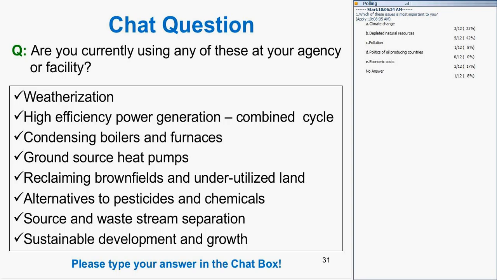I don't see anyone participating at the moment, but I'll wait a couple more minutes to see if anybody wants to respond to this chat. Could be that you don't feel that any of these are being used at the moment. Okay, Angela, thank you. Alternatives. Great. So, Tom, we have some answers coming in the chat box now. Great.